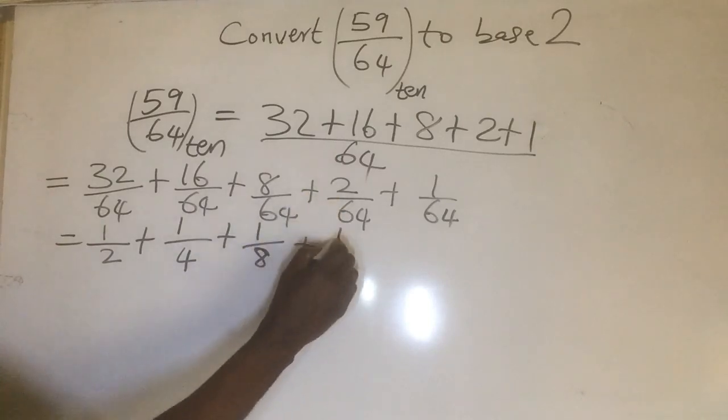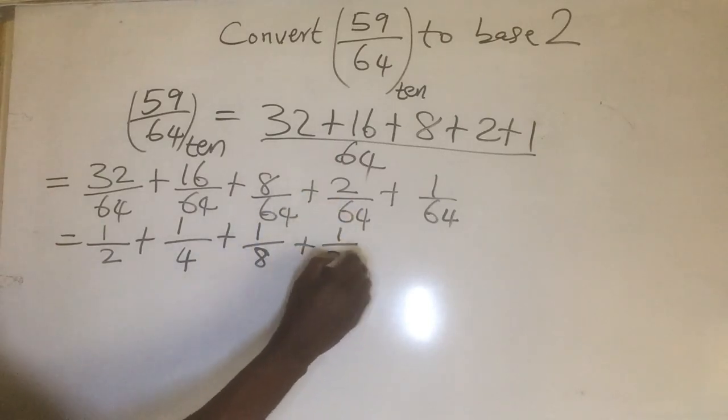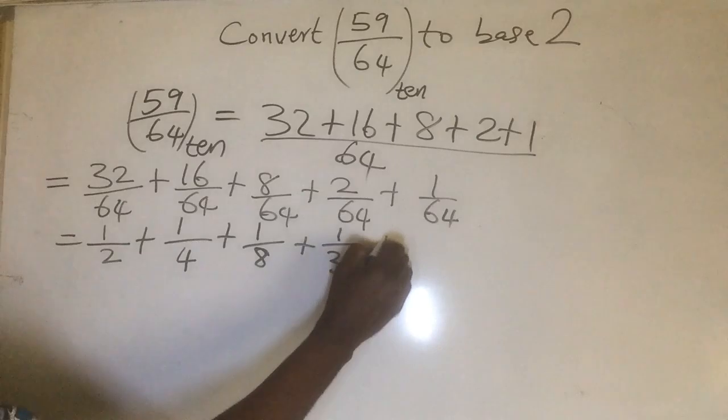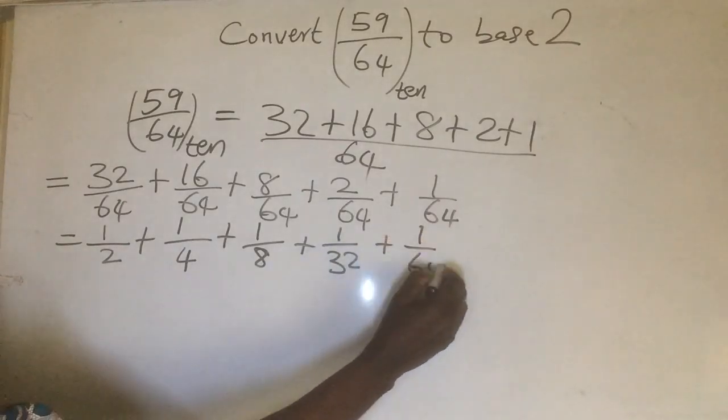Plus 2 kill itself 1, 2 kill 64, 32. Plus 1 all over 64.